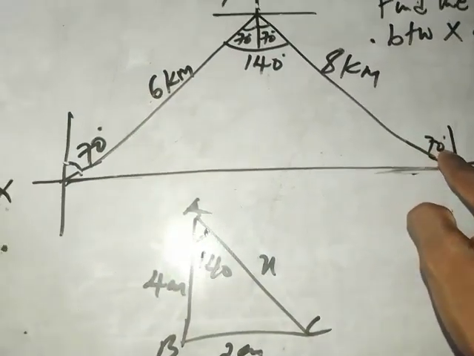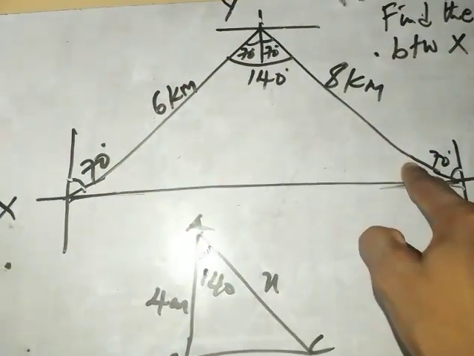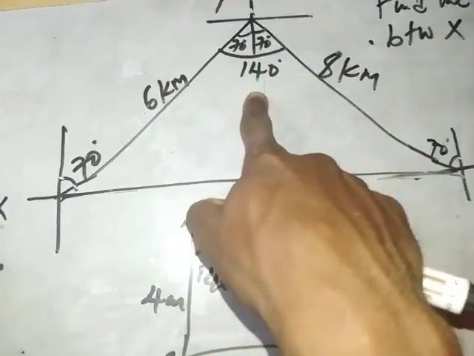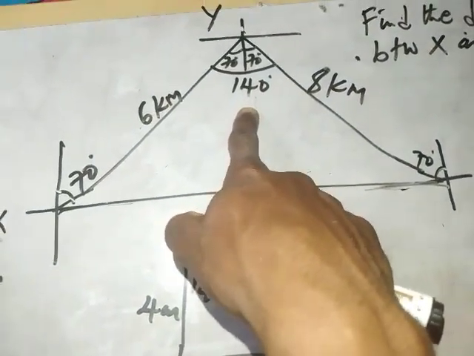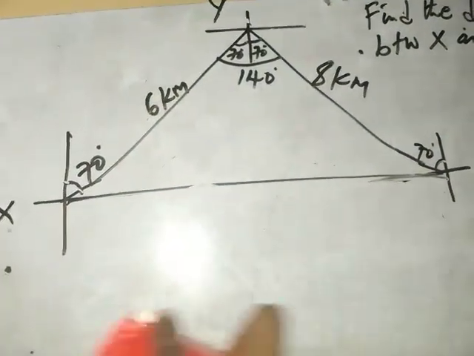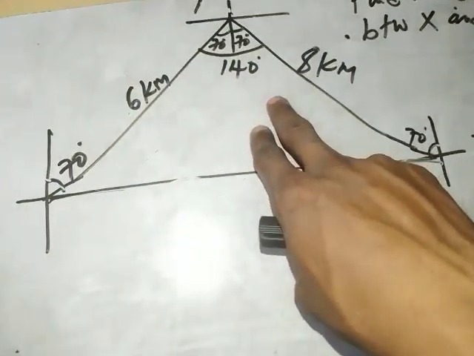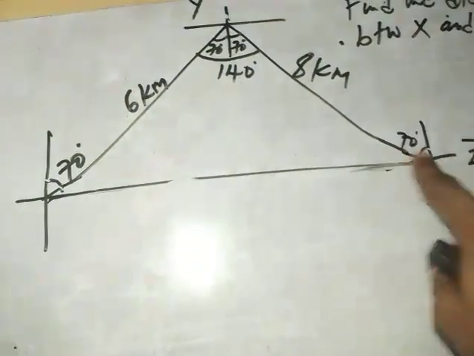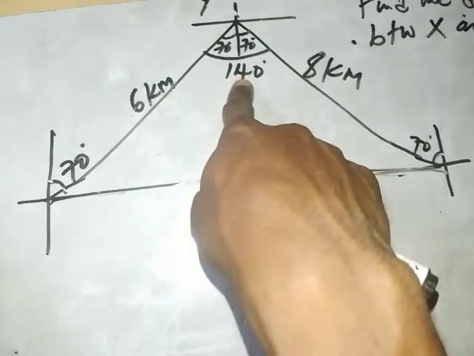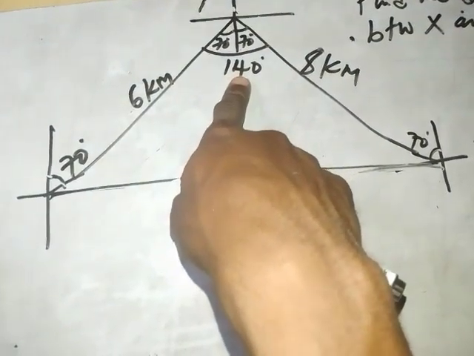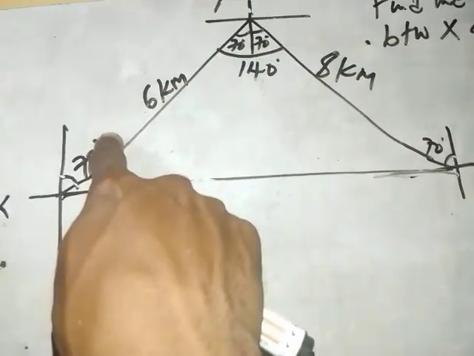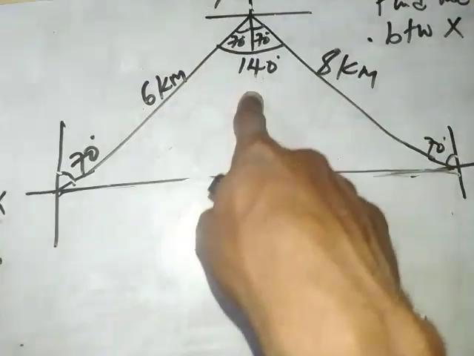When you know that alternate angles are equal, it is from there that you locate your one angle. Are you getting me? So in this problem, I'm going to use cosine rule, because two sides are given and one angle is given. Remember, sometimes they may give you this angle and this angle for you to find your one angle.